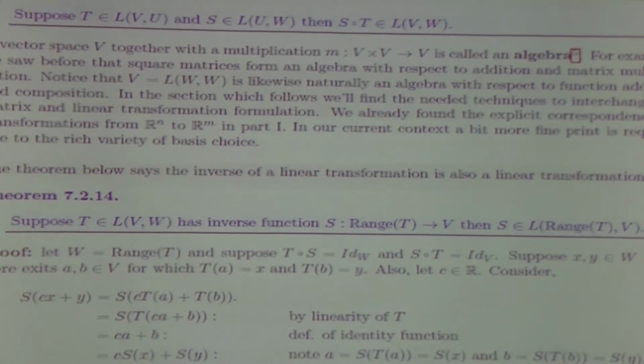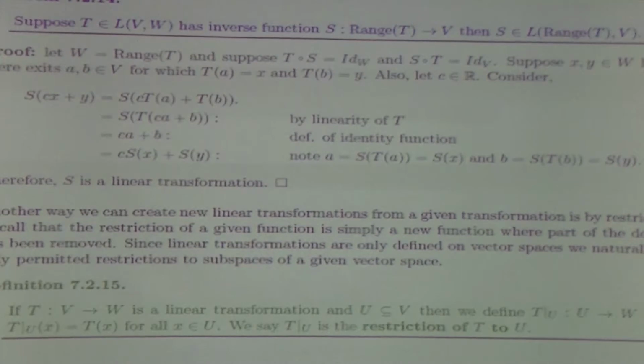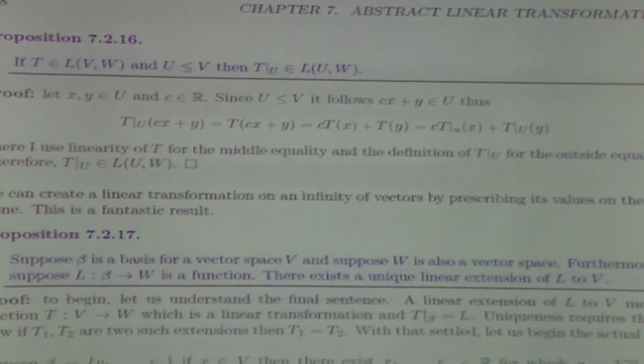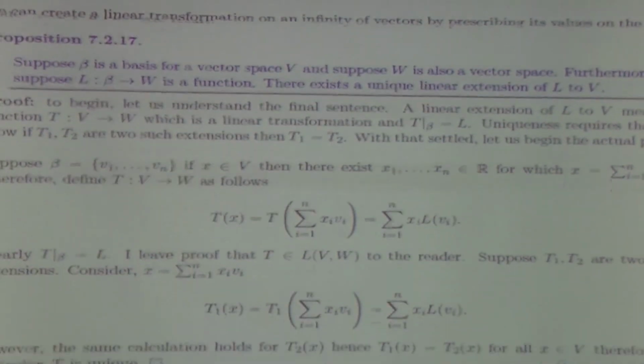But that multiplication must not be scalar multiplication, but like times itself. So it's closed under multiplication? The algebra? Yeah. The multiplication has to be back into the vector space again. Okay.